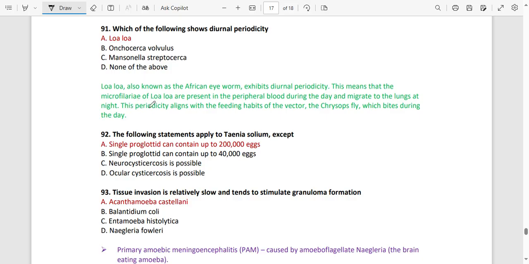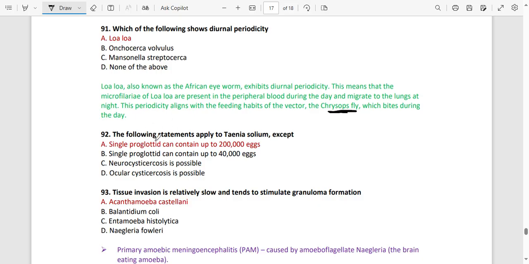Remember the fly that causes the infection for Loa loa normally bites during the day. So if it bites during the day, the microfilariae have been injected, and then at night they'll now go and hide in the lungs.